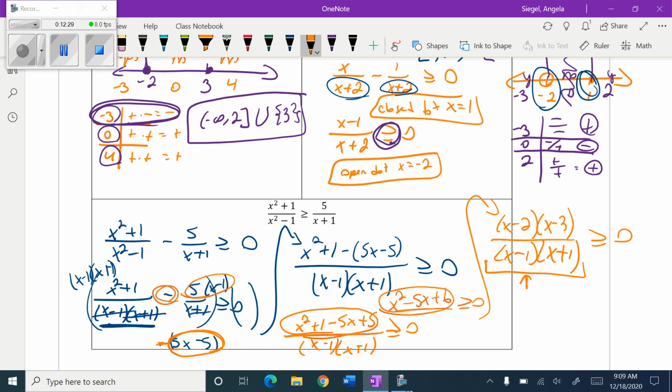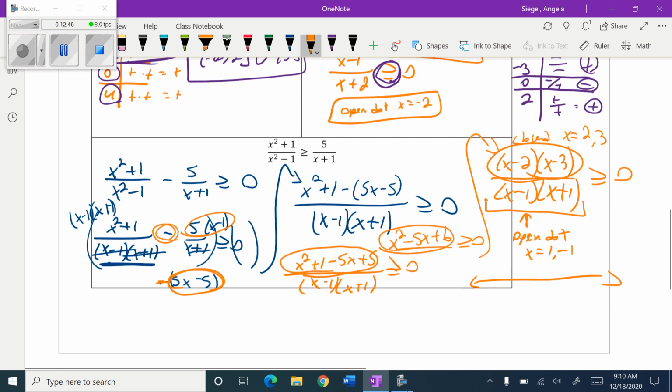So these are both going to be open dots at 1 and -1. These are going to be closed dots at 2 and 3. So let's go ahead and set this up. Okay, so we have -1, 1, 2, and 3. So open dot, closed dot, closed dot.